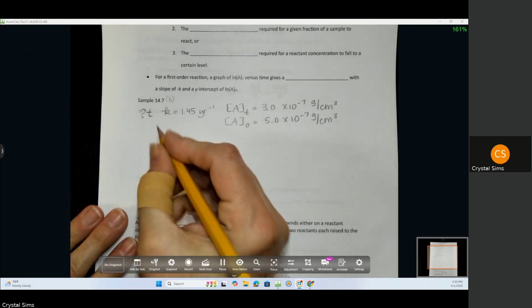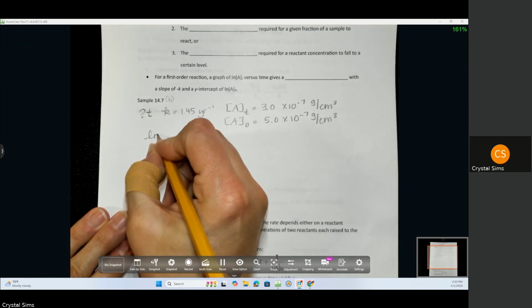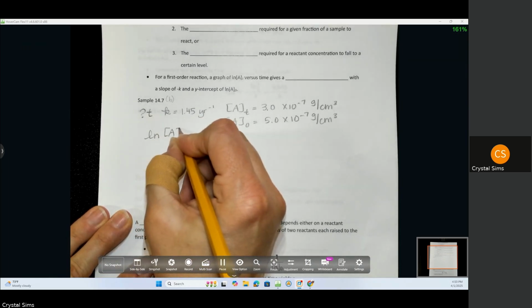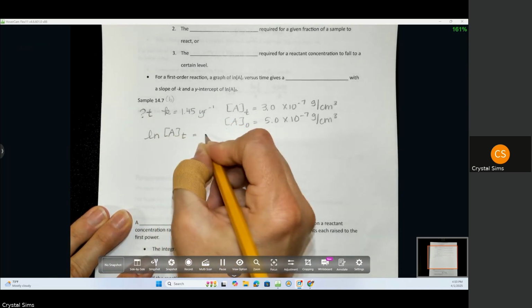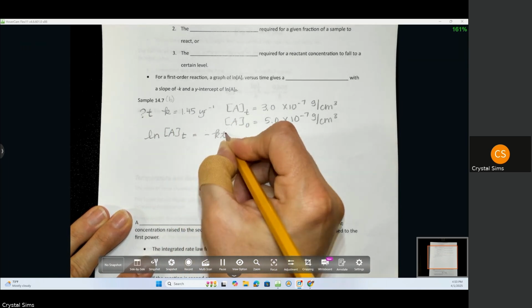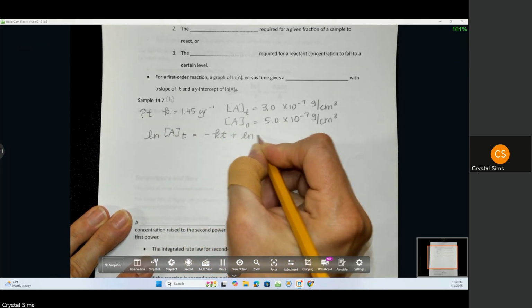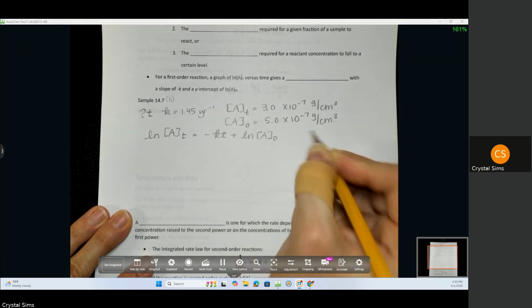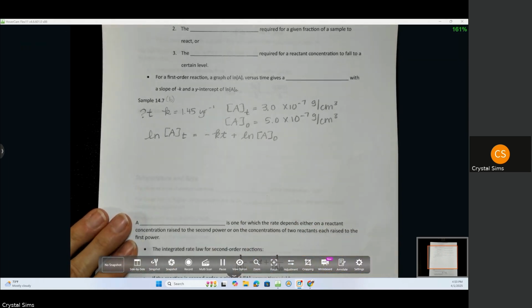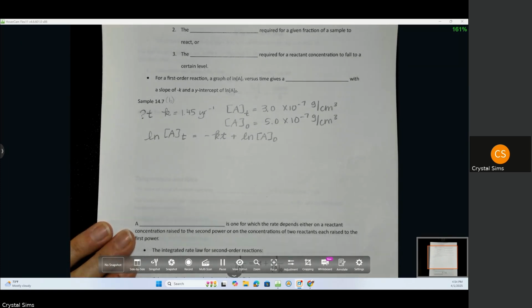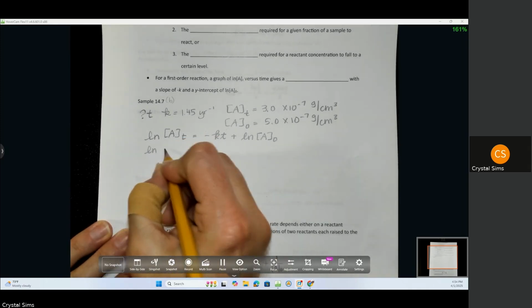Just as a reminder, this is our equation that we are working with here: the natural log of our concentration at a certain time equals negative KT plus the natural log of our initial concentration. Let's start plugging this information in.